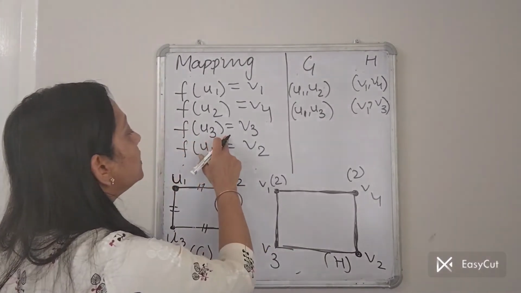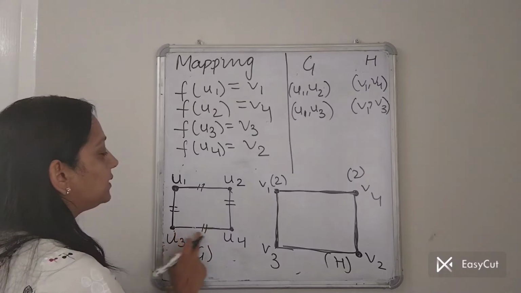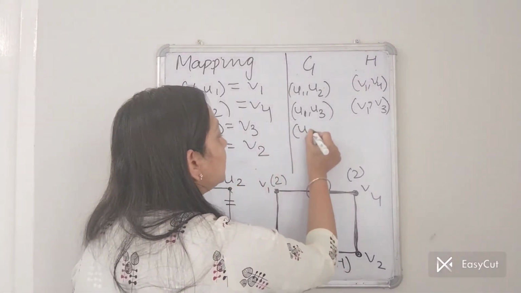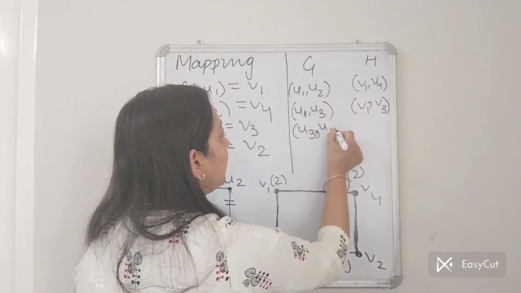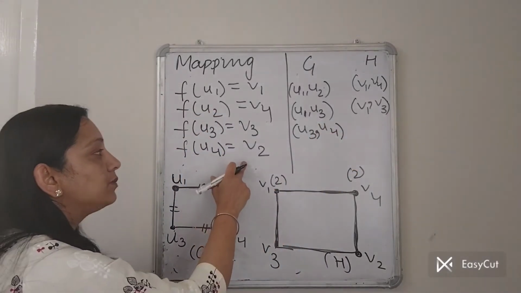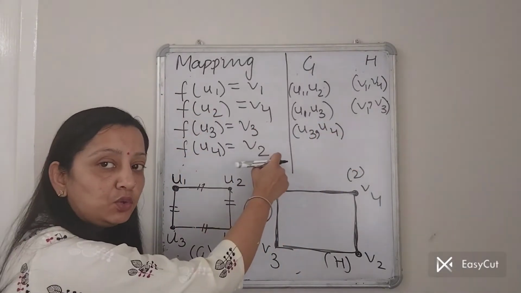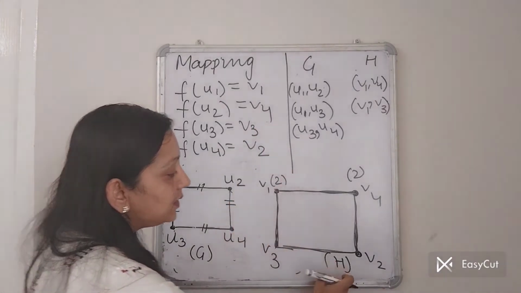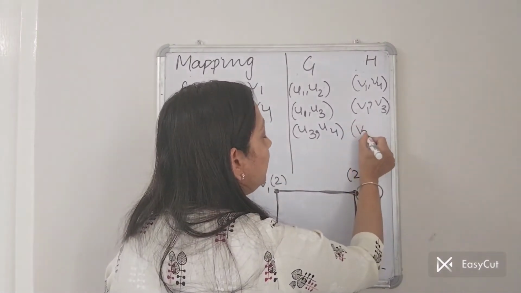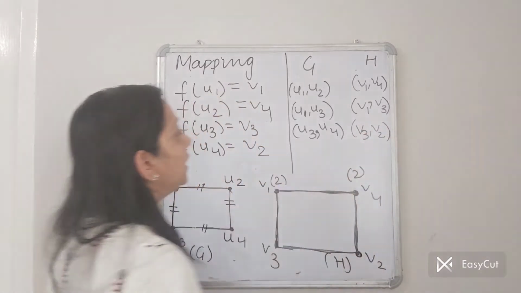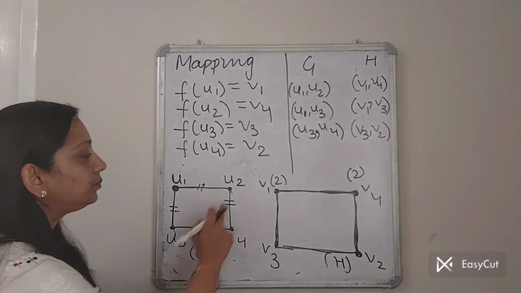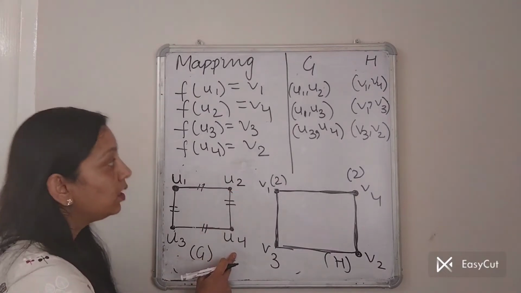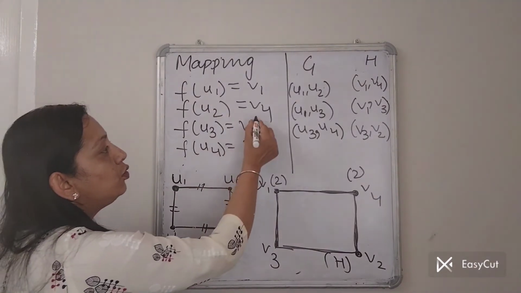Okay. Now there is an edge between U3 and U4 in graph G. So for the corresponding vertices V3 and V2, an edge must also exist between V3 and V2. So yes, there is an edge between V3 and V2, right? Now the last edge: there is an edge between U2 and U4, and U2 and U4 correspond to V4 and V2.